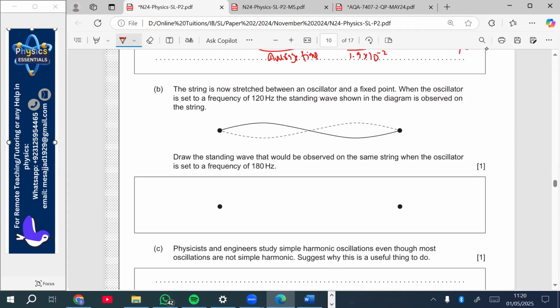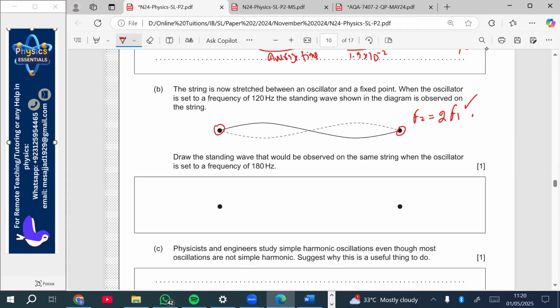So it's obvious that 120 Hz is showing you 2 loops, so 180 Hz will be showing you 3 loops, right? Or in other words, you can see that f2 equals 2 f1, because this is the relationship of the harmonics when you have closed ends.